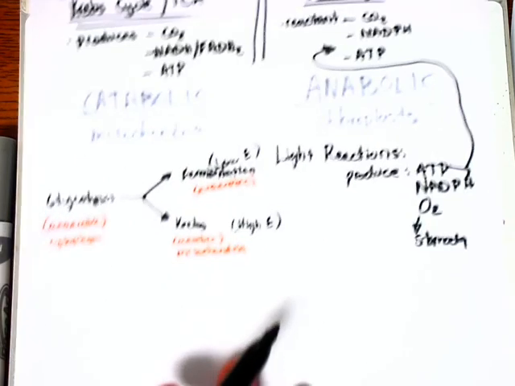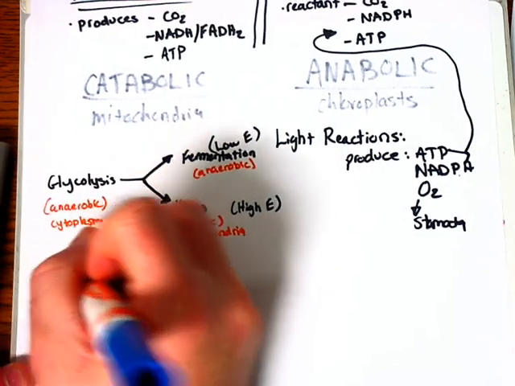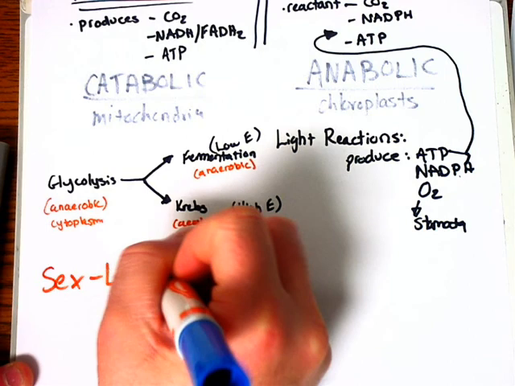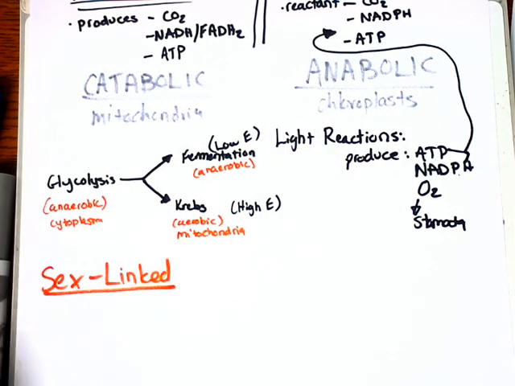Okay. Let's look at maybe a sex-linked question, because I have one now. So, sex-linked inheritance. Let's work out a problem real quick. Let me find a different problem. Okay.